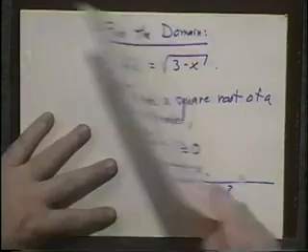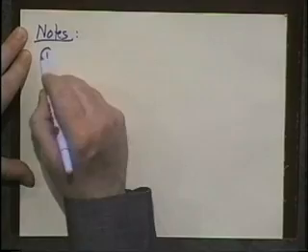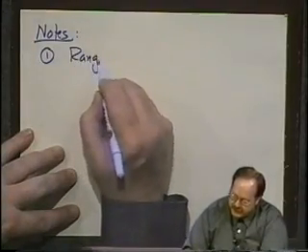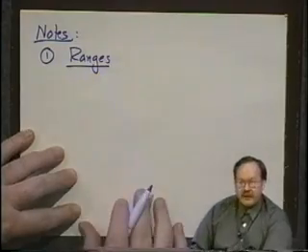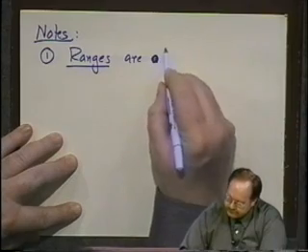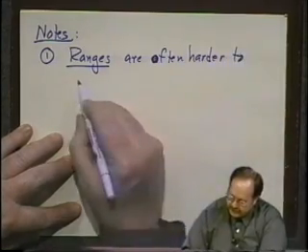Okay, we've looked at the domains of a couple of functions. Let me make some final notes here. Note number 1. You might wonder why I'm concentrating on domains and not saying very much about ranges. Well, ranges are often harder to calculate.